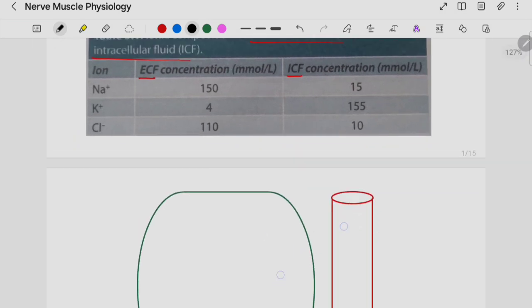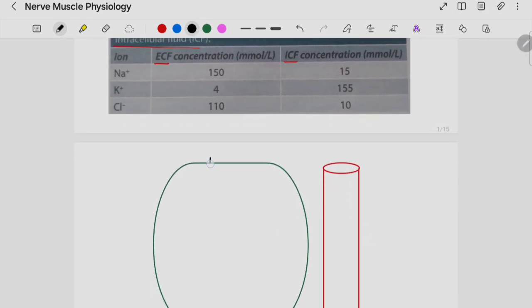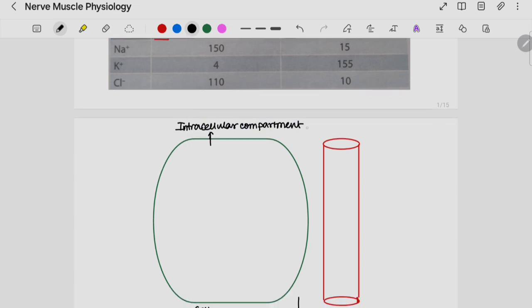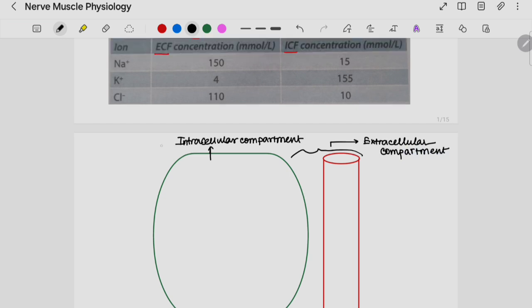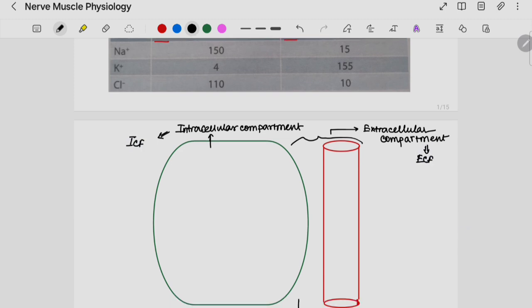So it is the intracellular compartment and the rest are extracellular compartment. So obviously this compartment contains ICF and these two are containing ECF, right?